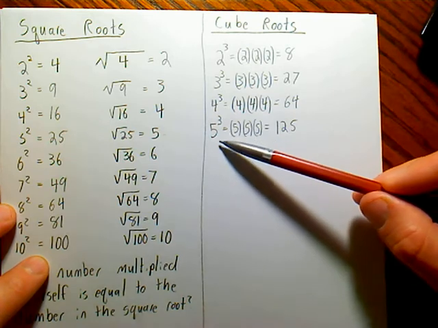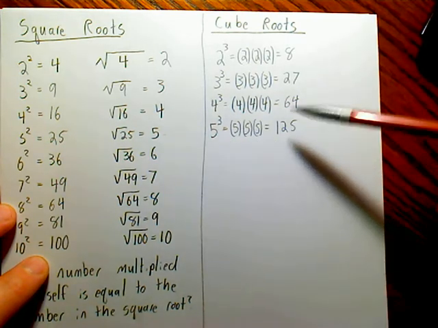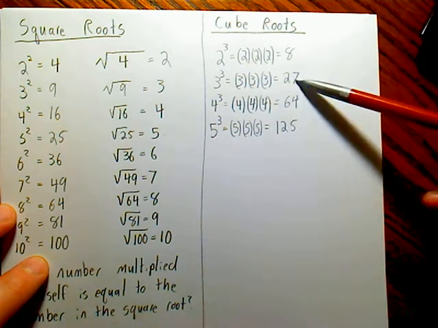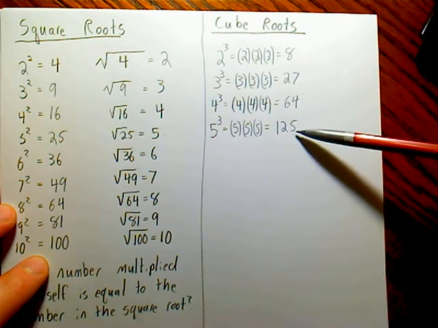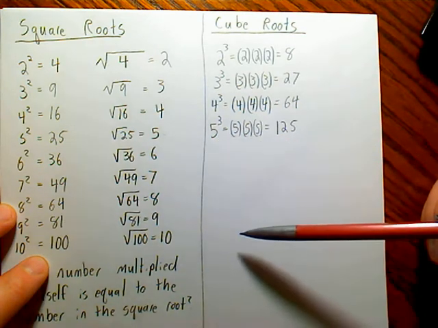I'm going to stop at 5 because you'll see that my numbers start getting bigger and bigger. But for now, let's start becoming familiar with 8, 27, 64, and 125 when we're talking about cubing numbers 2, 3, 4, and 5.